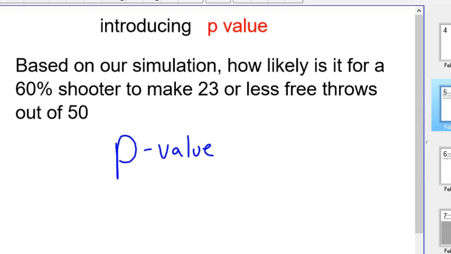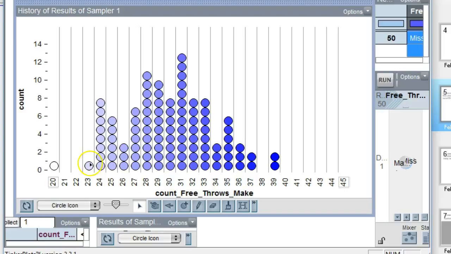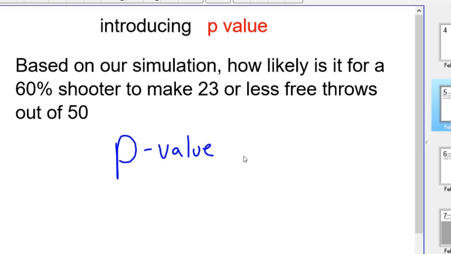And in our case, with our simulation, we can see that 23 or less, we had 2 of those. So our p-value is 2 out of 100, or 0.02. So 2 out of our 100 simulations.